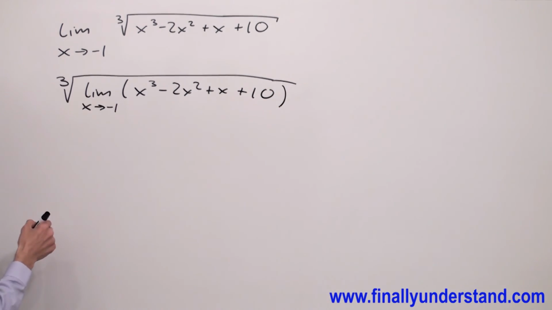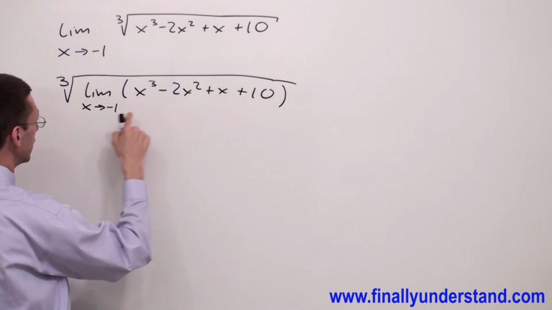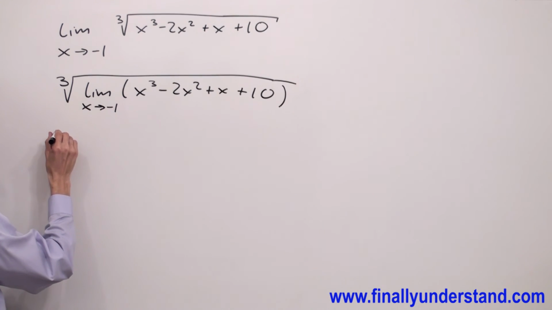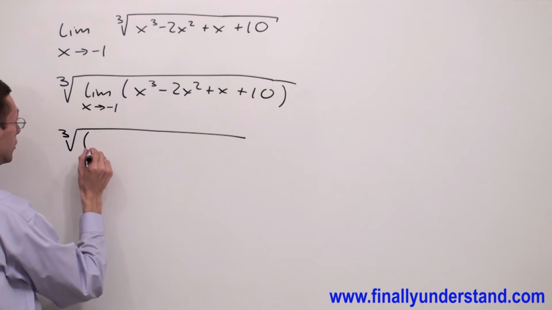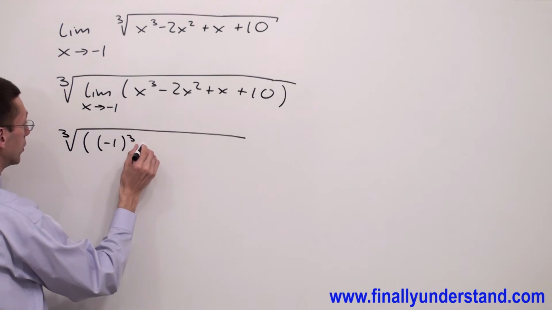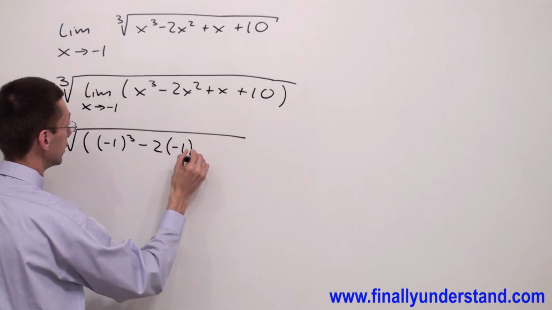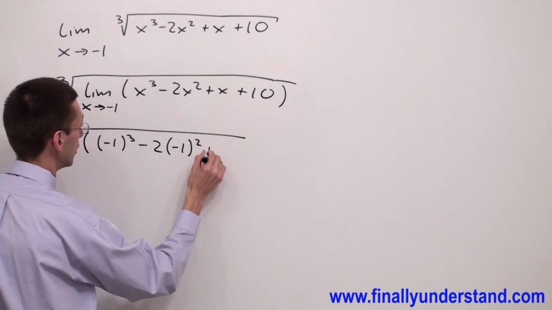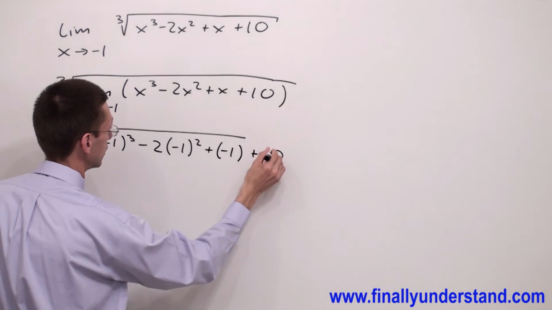Next, I'm supposed to replace every single x by -1, and I'm going to have the cube root of -1 to the third power minus 2 times -1 to the second power plus -1 plus 10.